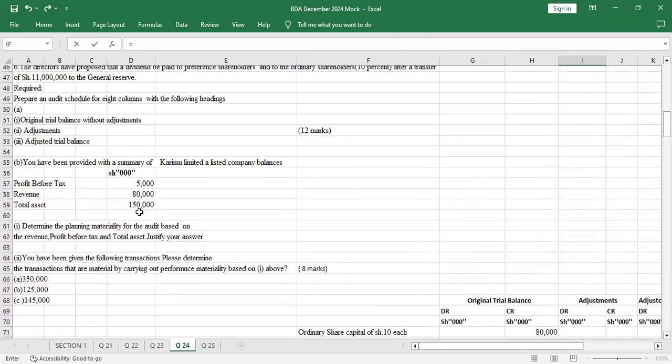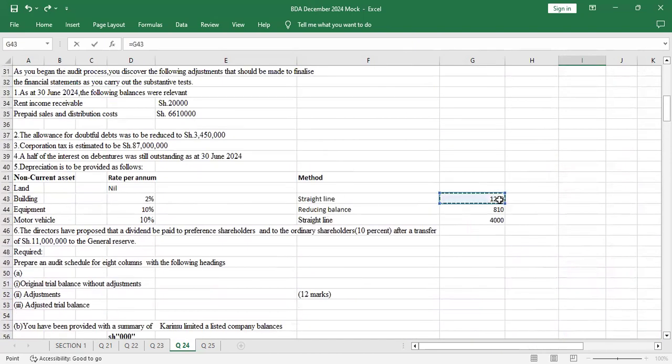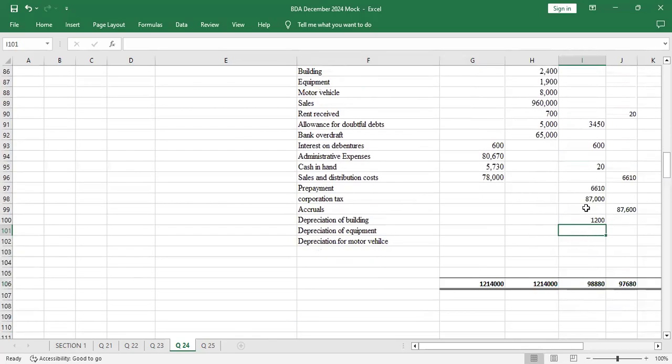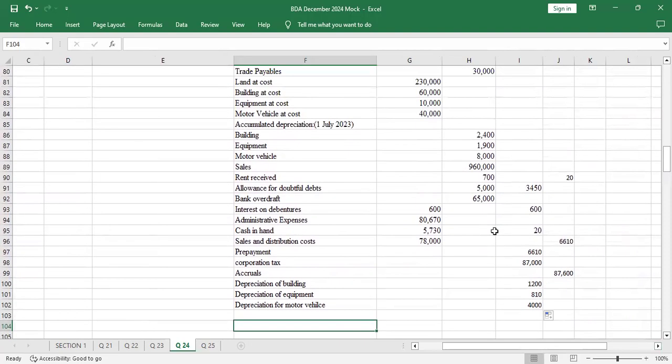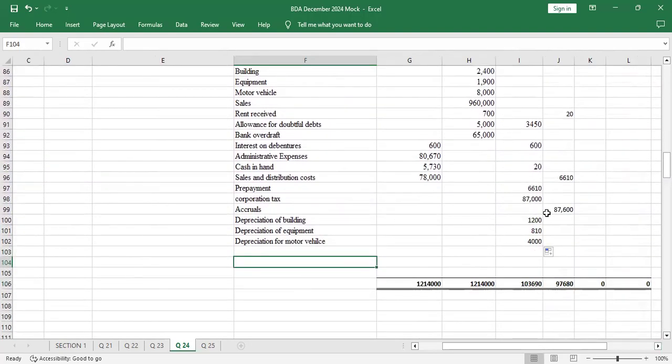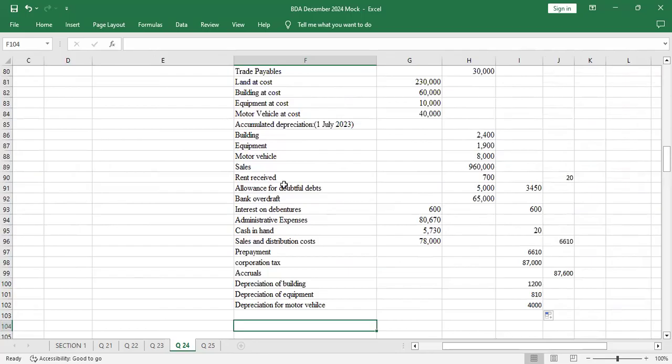So you just come and select. All those depreciation are expenses. So once you select that, to save on time, you just drag for the 3 up to motor vehicle. Then the double entry for this will be on the accumulated depreciation. So as you debit depreciation, you credit accumulated depreciation.